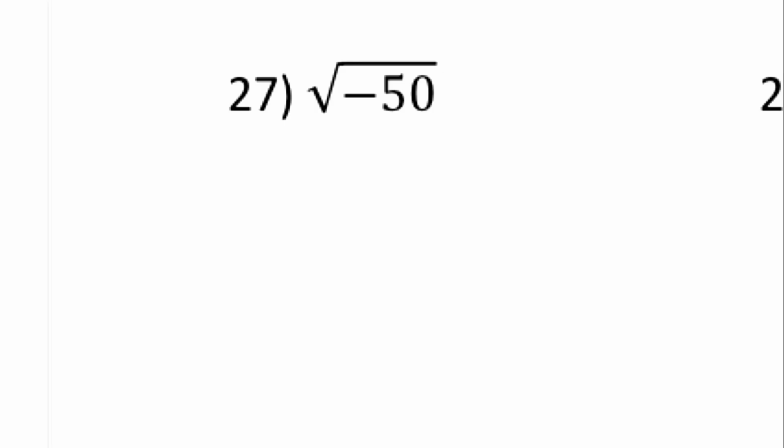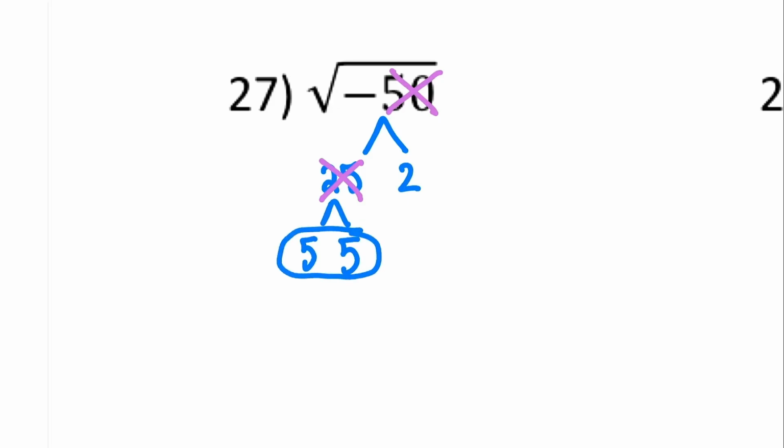Here we have a negative radical, so it's going to be the square root of negative 50. We're going to break this down into 25 times 2 and then 5 times 5. We'll cross off the ones that we've already broken down, and we'll deal with the negative in a minute. Since the index out here is 2, we're going to be looking for groups of 2 numbers.